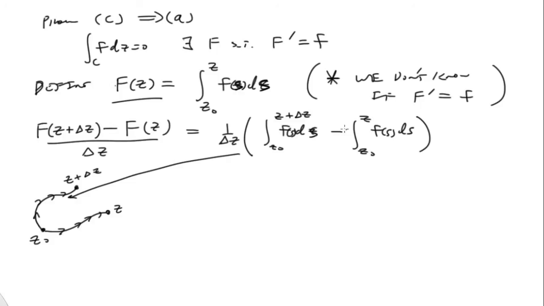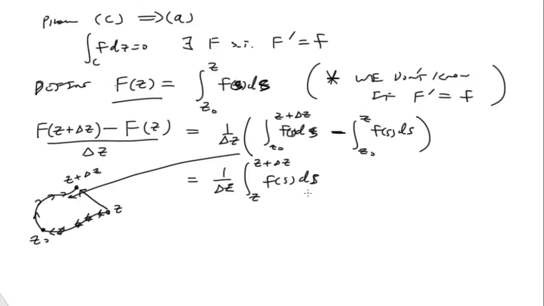But now I'm taking the subtraction of that, so that's the same as going in the opposite direction. In which case, because we have independence of path, we can go directly there. So we can write this as 1 over delta z times the integral from z to z plus delta z of f of s ds. Okay, so that looks pretty good.